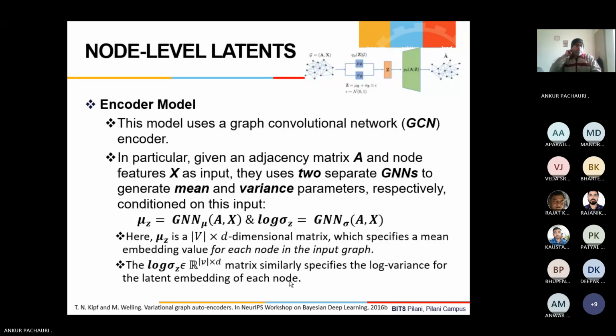So how does the encoder model work? This model uses the GCN.